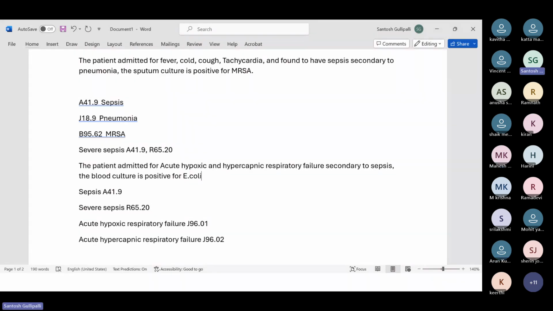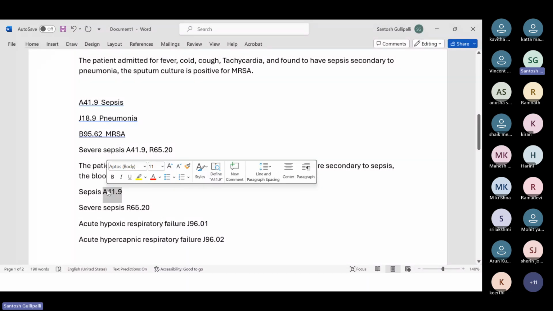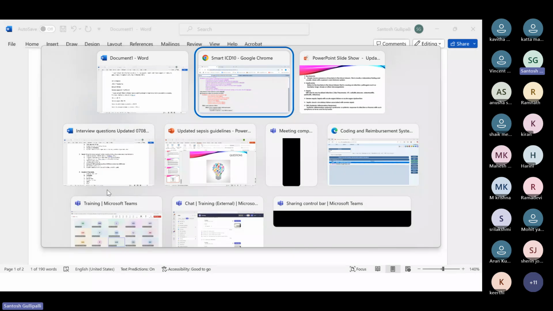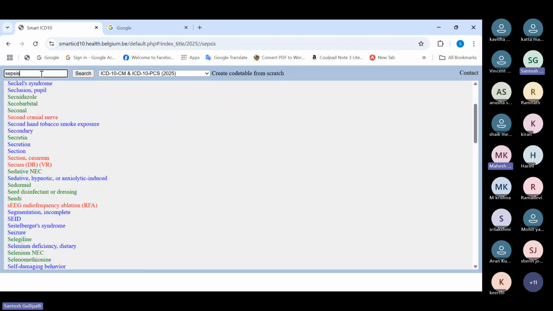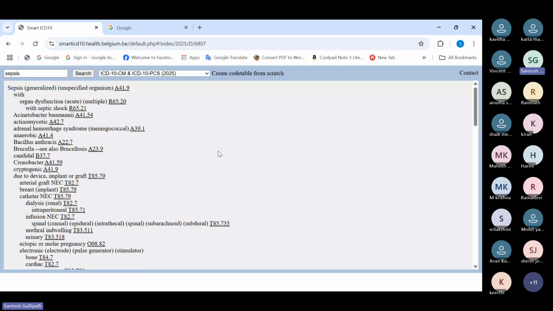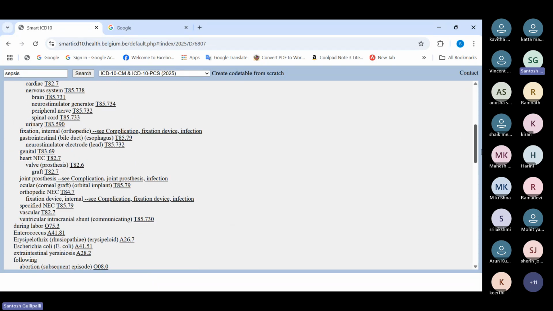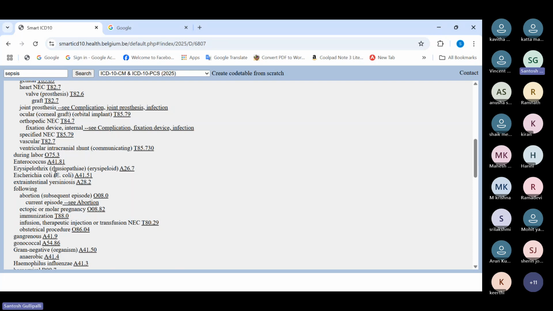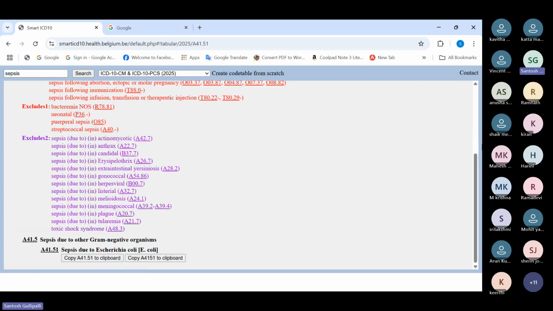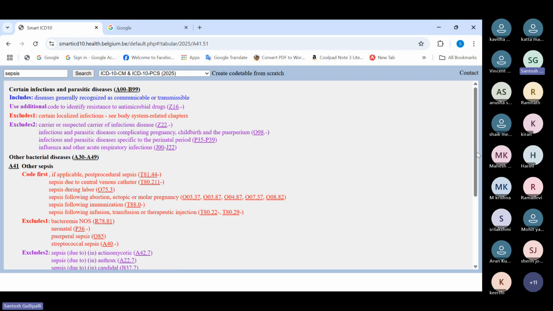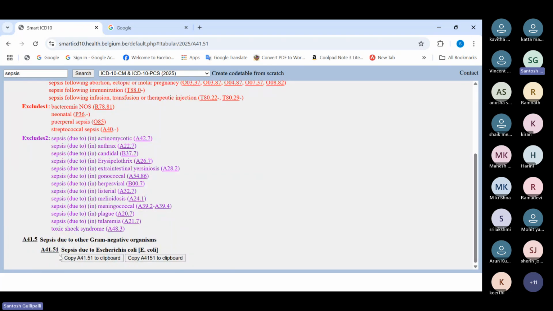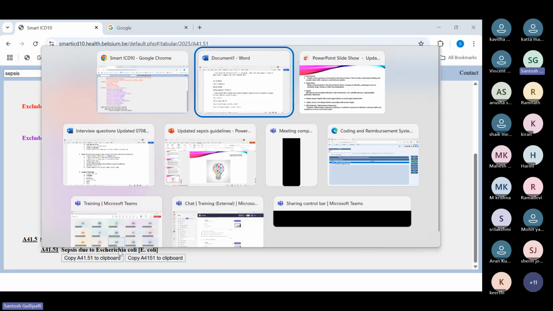In place of unspecified A41.9, you can assign E. coli sepsis, which is A41.51. The code description is sepsis due to Escherichia coli, A41.51.